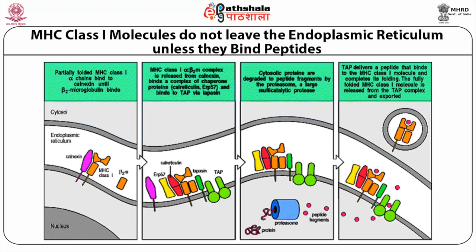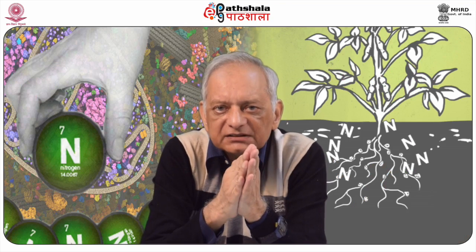In humans, alpha chains of MHC class I enter the endoplasmic reticulum and bind to the chaperone calnexin. This chaperone is also responsible for association with numerous other molecules of the immune system such as T cell receptor, MHC class 2 molecules and IgS. The next step is beta 2 microglobulin binding to the alpha chain.